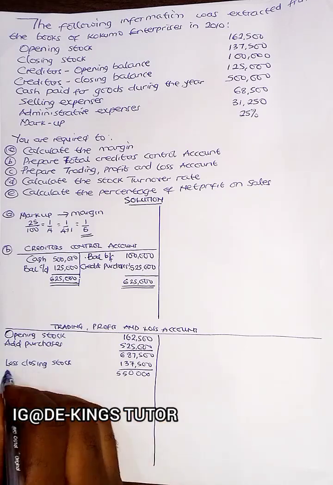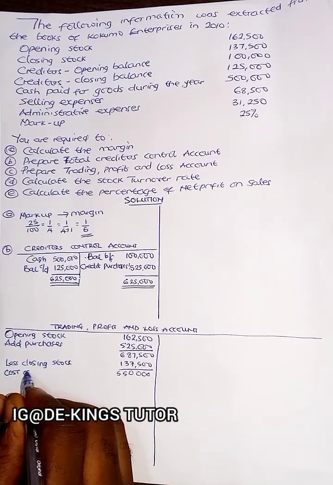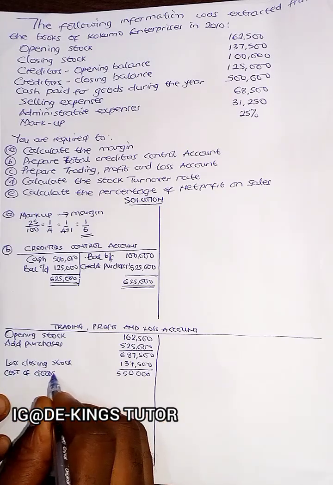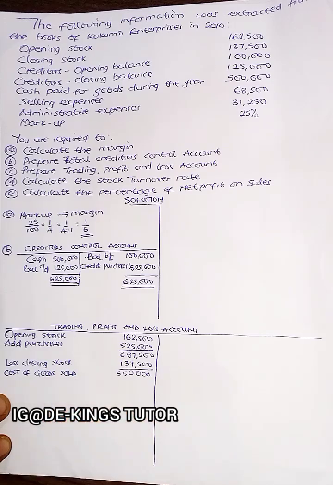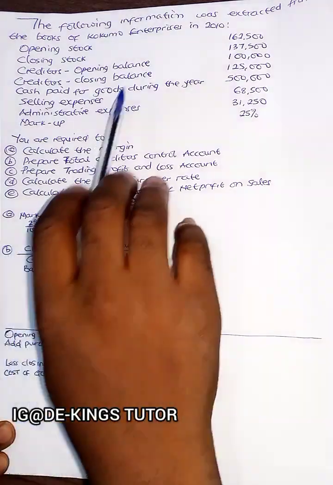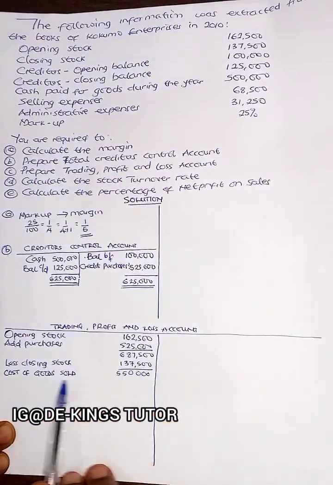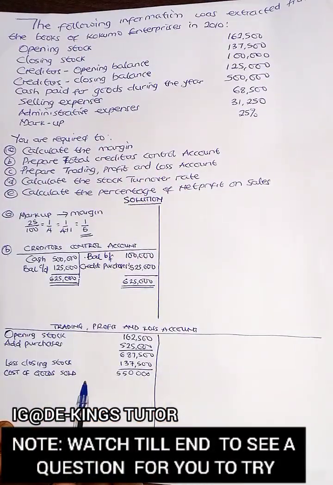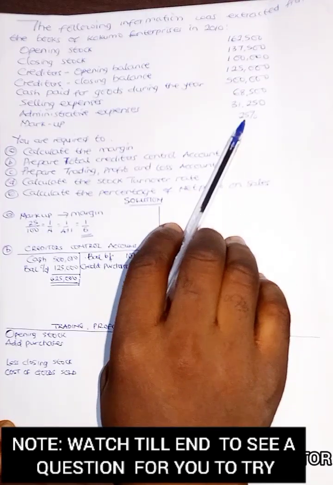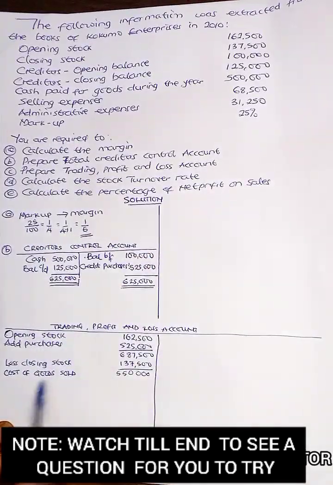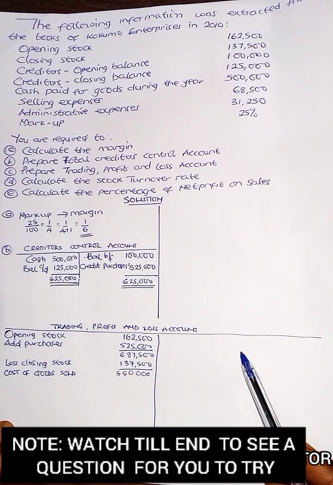So now this will be what we call the cost of goods sold. Now from this point, if you check in this question, we're not given sales. All we have is selling expenses. There's no sales. So we can't get our gross profit from here. But if you check here, we're given markup 25%. So from this markup, we can get the gross profit, which can help us to get our sales.